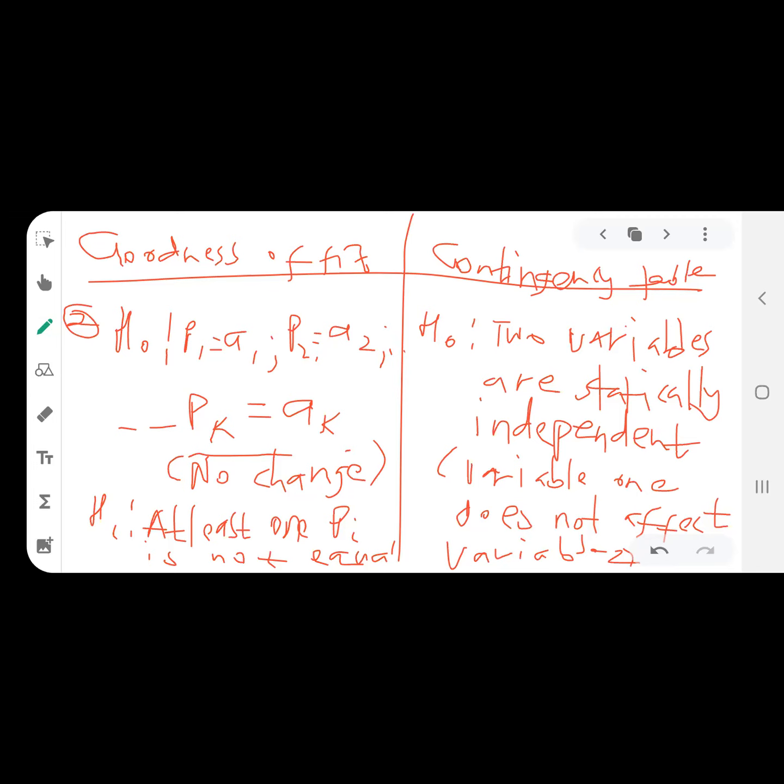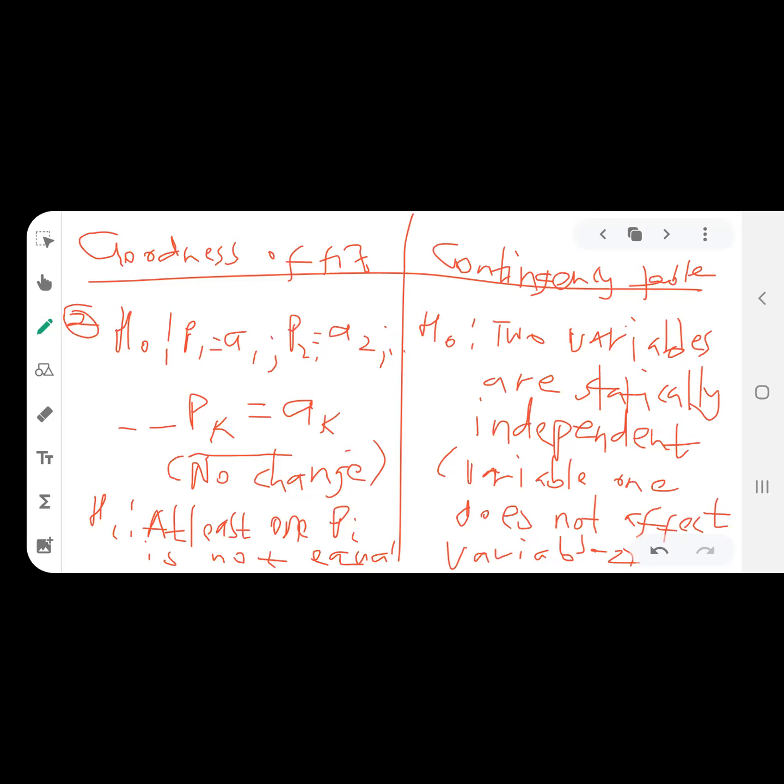If you and I are independent, it means that whatever I do does not affect you. So if the course you are currently doing now is independent of the subject you did in high school, then it means that the subject you did in high school does not determine the course you are currently doing now.